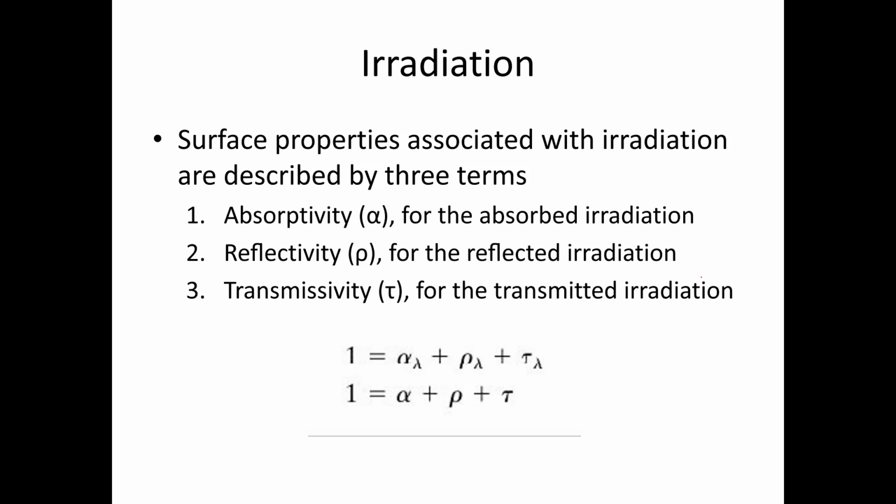Absorptivity defines the percentage of the incident thermal radiation that's absorbed by the surface. The reflectivity quantifies the percentage that's reflected, and transmissivity quantifies the percentage that is transmitted through. You add up all those three properties, they should equal 1.